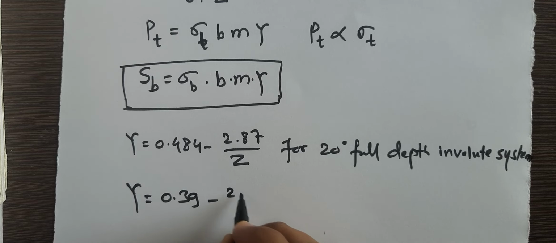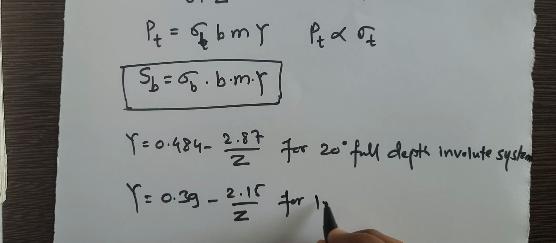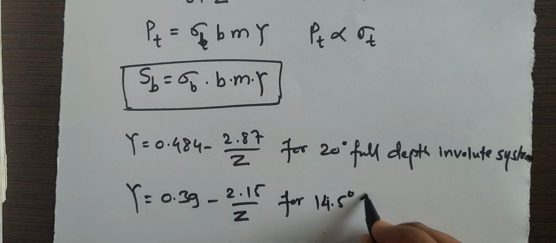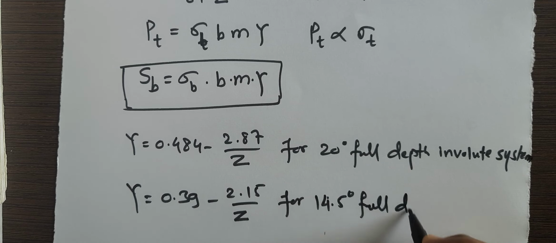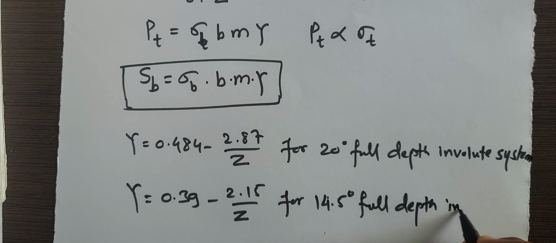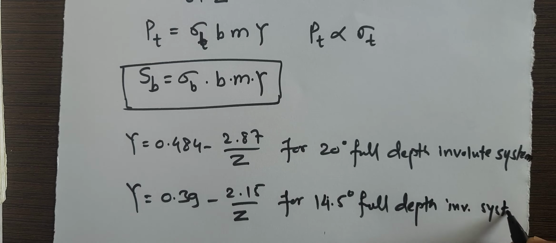Y is equal to 0.39 minus 2.15 divided by Z for the 14.5 degree full depth involute system.